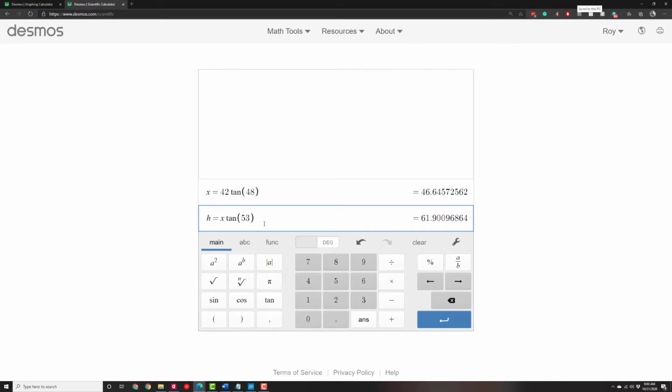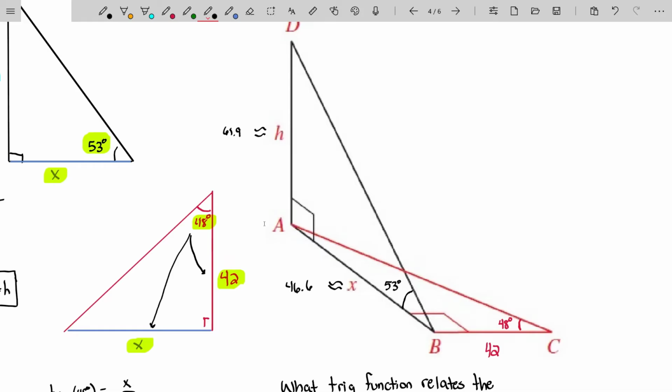Notice how I'm using Desmos's ability to save variables just to save me a little bit of time. So this tells us that h, the height of the triangle, is 61.9. I didn't really give you units for the length, so it doesn't matter what the units are, but 46.6 and 61.9. And there you have it.